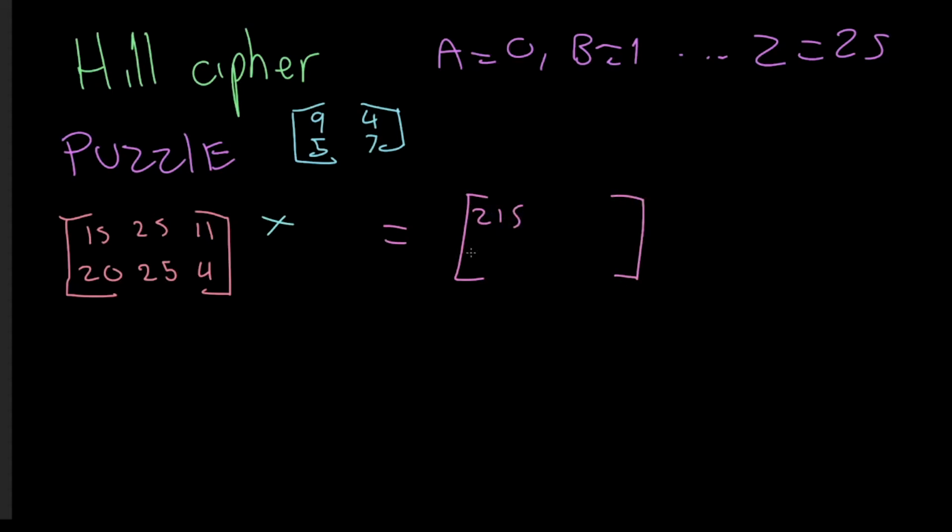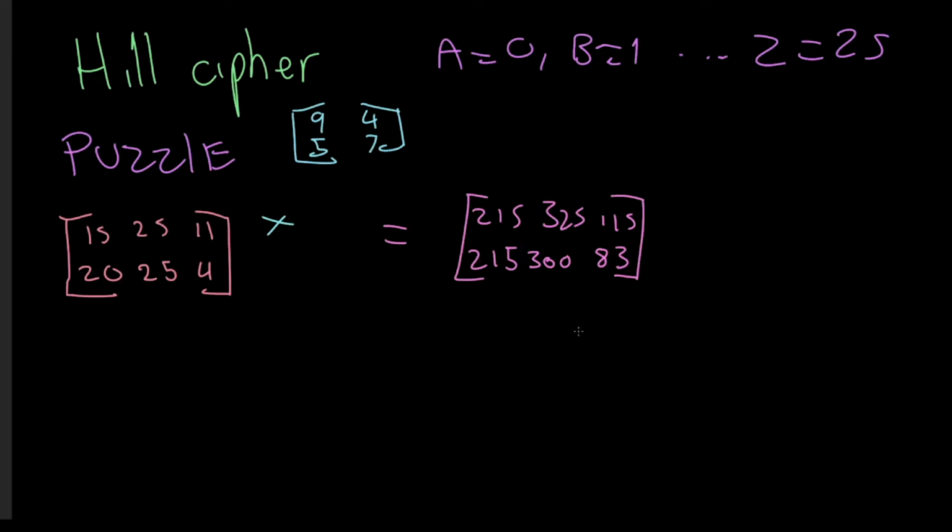So the resulting matrix from these two gives us 2, 1, 5, 2, 1, 5, 3, 2, 5, 300, 1, 1, 5, and 83. Now we've multiplied our key with our plaintext. What we need to do now is a little bit of math on this.